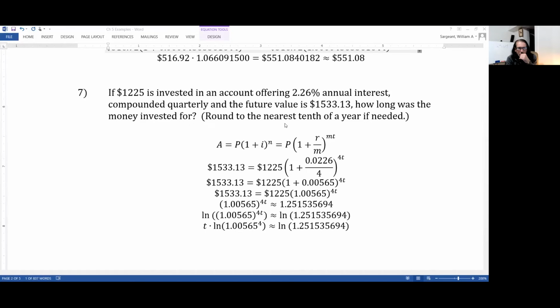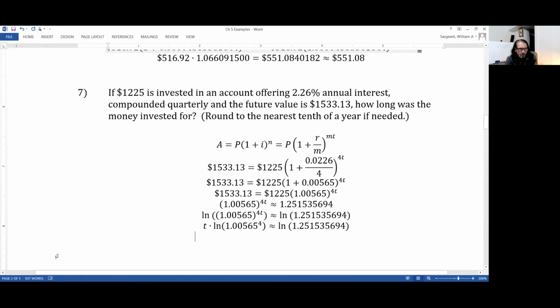Let's take a look at that. So what I'm going to do is figure out what 1.00565 to the 4th power is, take the natural log of both sides, and the t that I isolated back here, I'll bring out in front of the natural logarithm as multiplication.